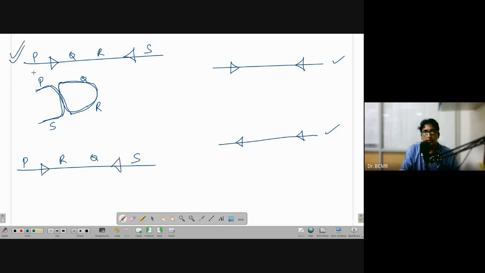This is the original DNA where we had P, Q, R, S. And upon site-specific recombination, now we have P, R, Q, S. What has happened? This region got inverted. Okay, that is how you solve this.